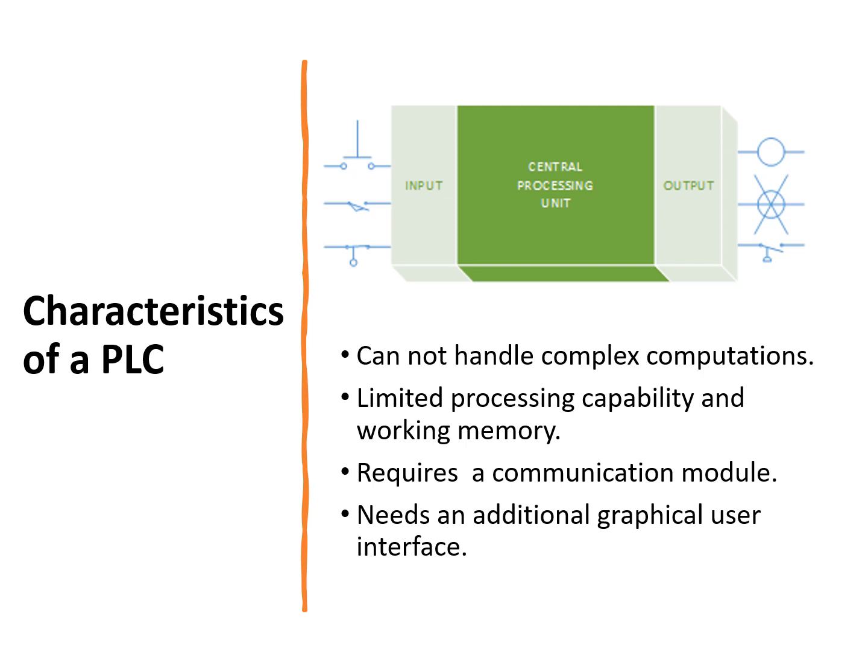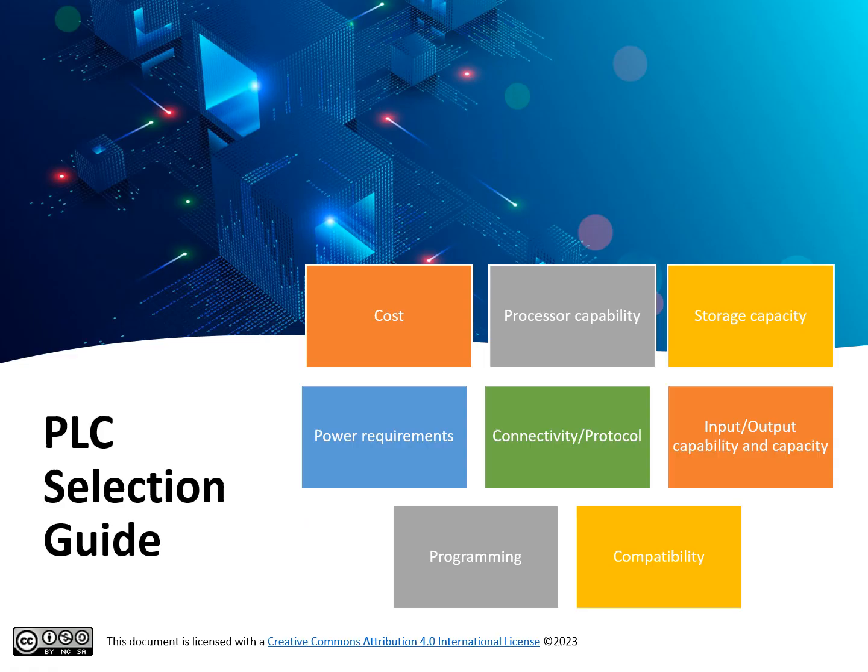The CPU controls the execution of instructions, communicates with other devices, carries out logic and arithmetic operations, and performs internal diagnostics. The input and output I/O components carry out the analog and digital I/O operations.